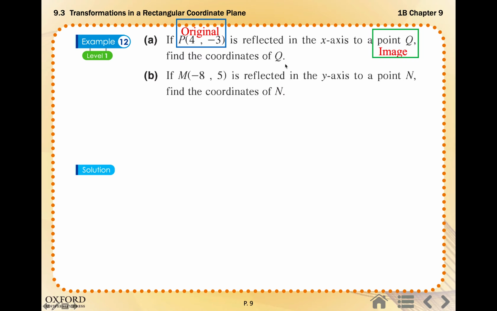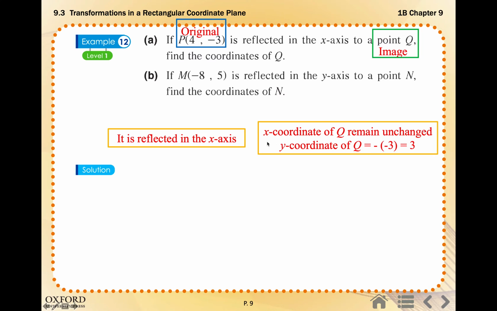And from our learning before about the reflection in the x-axis, we know that the x-coordinate should remain unchanged and the y-coordinate will become negative y. So you can see that the y-coordinate of Q should be the negative of the y-coordinate of P, and the y-coordinate of P is negative 3.